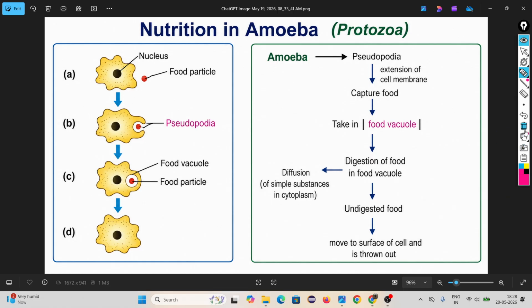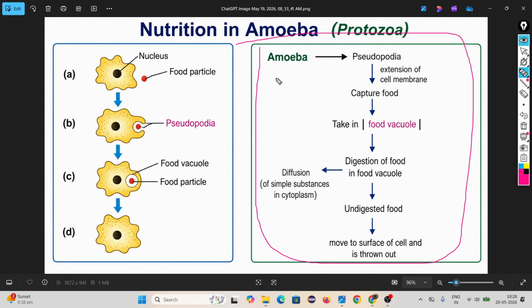Diffusion happens across a semi-permeable membrane. You know, the cell membrane is a semi-permeable membrane, meaning it allows only some selective substances. Through this diffusion the food goes to the cytoplasm, and the undigested food moves to the surface of the cell and is thrown out. This is how amoeba does its nutrition.